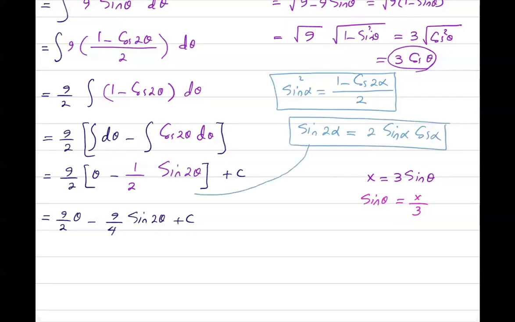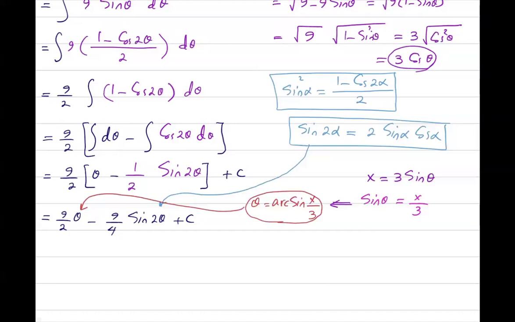So we're going to use this just right here. And please note that since sine theta is equal to x divided by 3, theta is inverse sine or arc sine of x divided by 3, that you can use for theta here. Perfect.